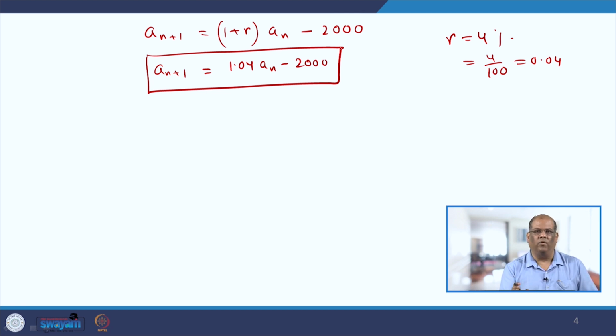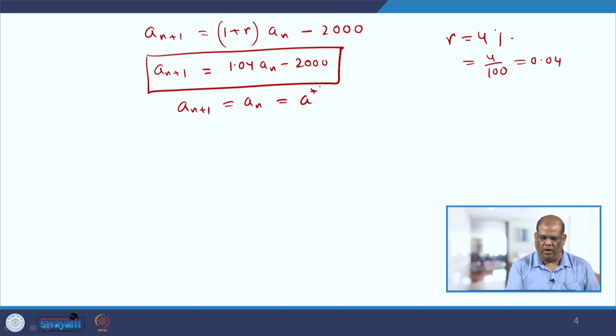Basically, you have to get that equilibrium solution such that your account never runs out of cash. So, if there is no change from the n to n plus 1 generation, then you take that value to be a star, which is your equilibrium solution.